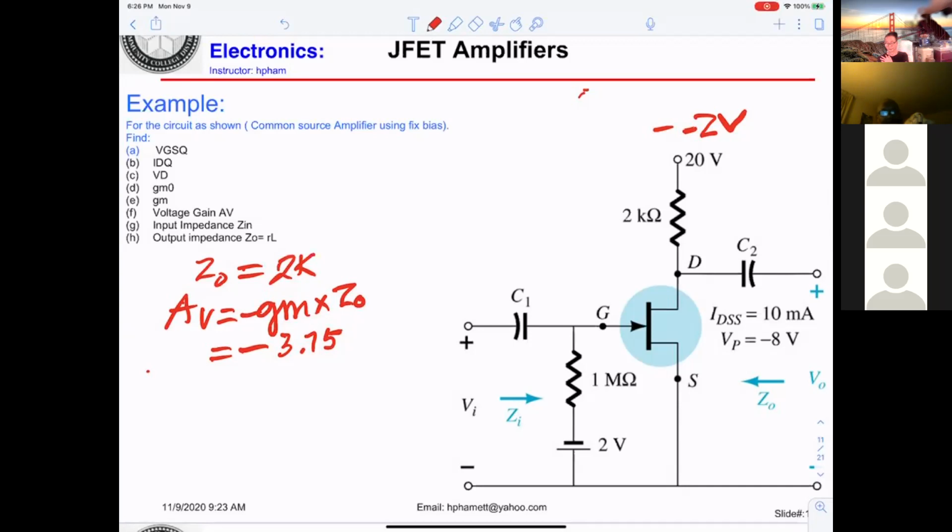Now, Mr. Pham, on question number 8, you got output impedance Z out equal to small RL.